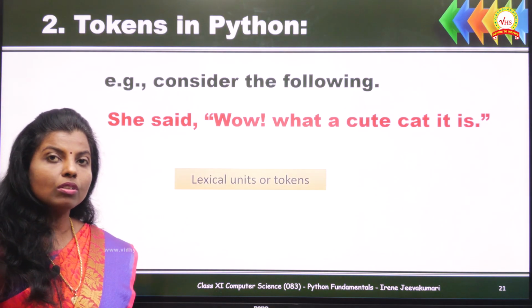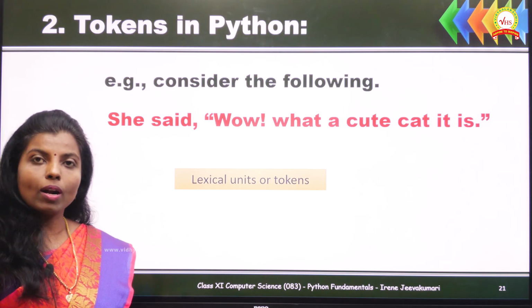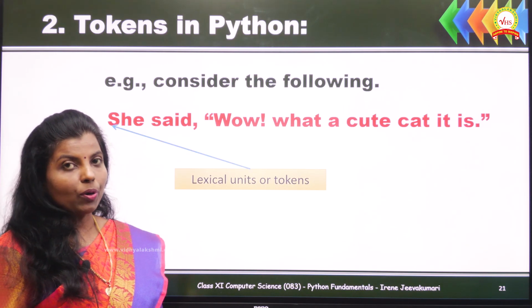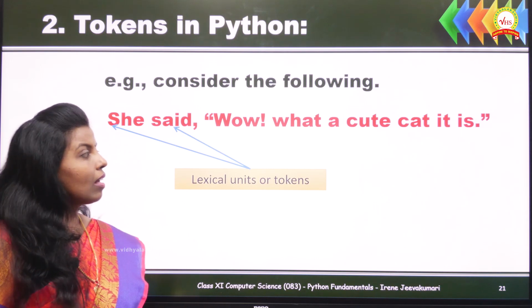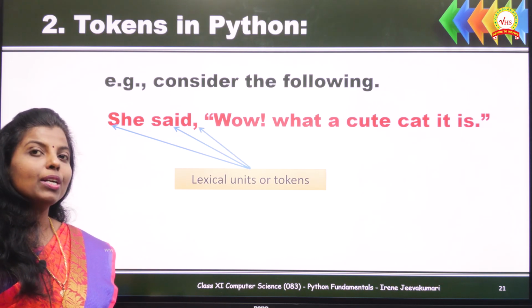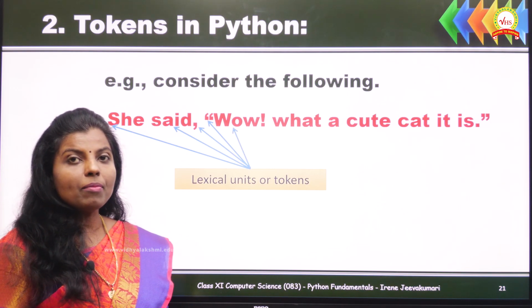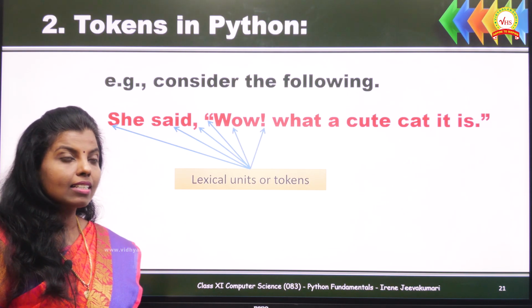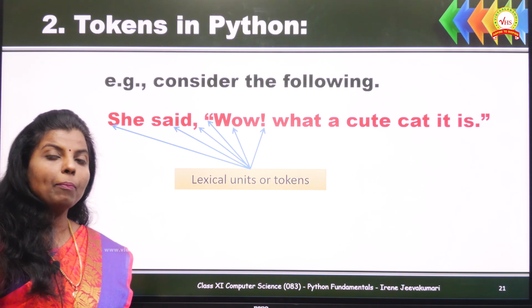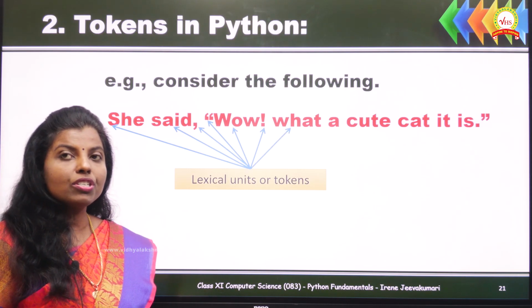Let us view these words and symbols one by one. She is a pronoun, said is a verb, comma is a punctuator, double quotes is a punctuator, wow is an exclamatory word, and the exclamation sign also comes under punctuator. What is a question word?